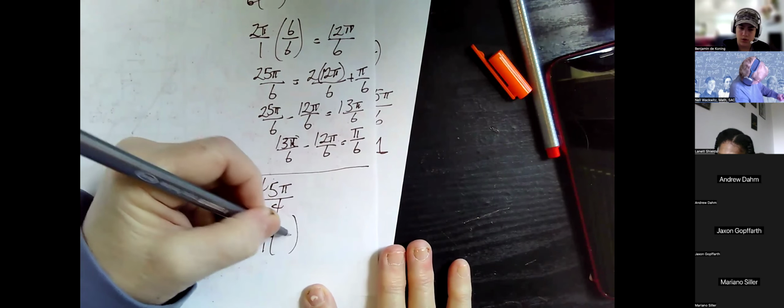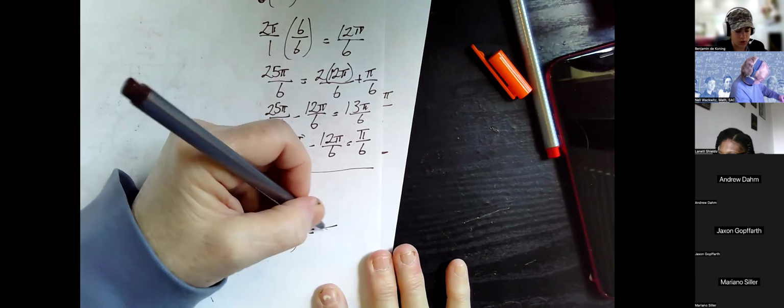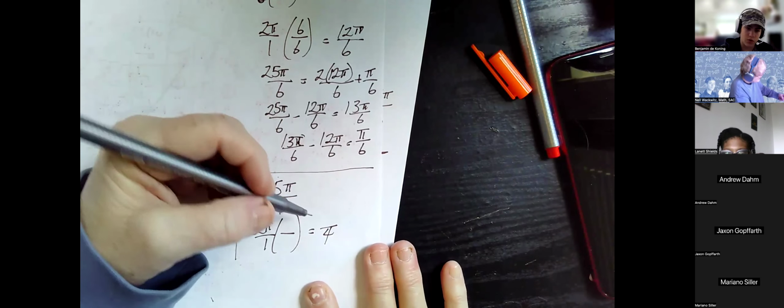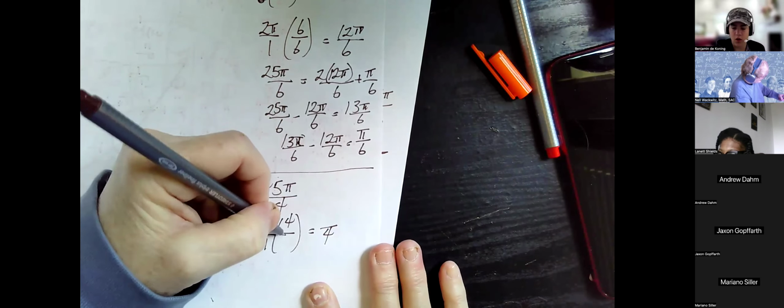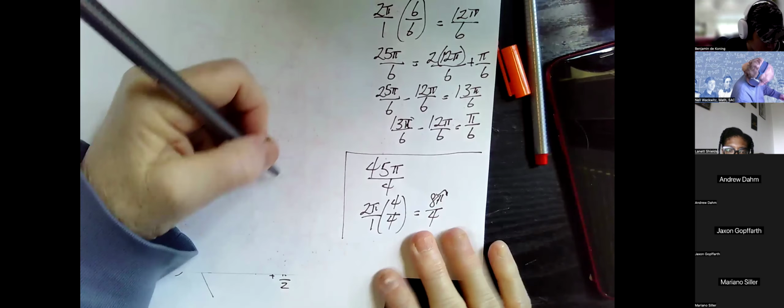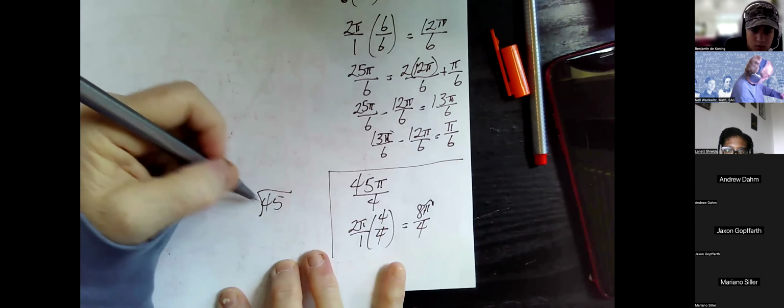That's right. And why? Because we're starting with 2 pi, and then it's 2 pi over 1, multiply both by 4, which is 8 pi over 4. And then you can just divide 45 by 8.